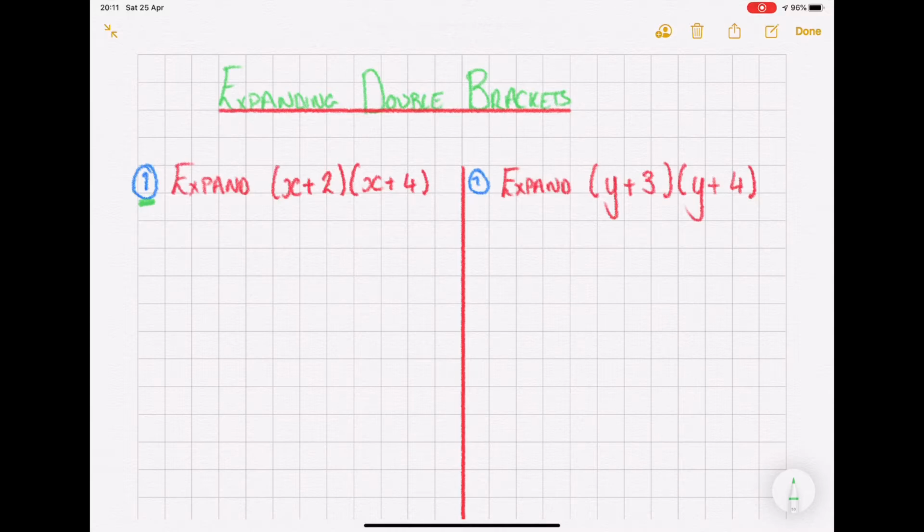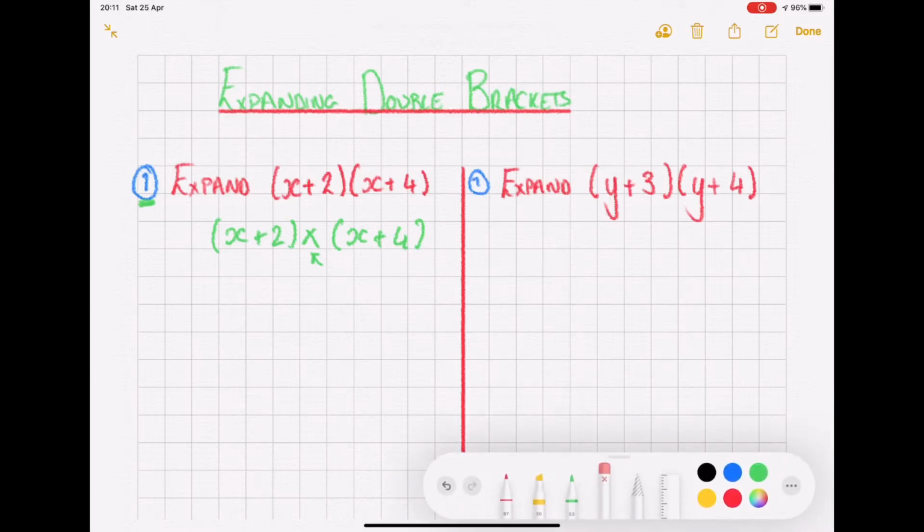Okay, now in algebra, if two things are touching, they're actually multiplying together. So it could look like this, times by x plus 4. But because in algebra we use x's and this looks like an x, we don't like that.